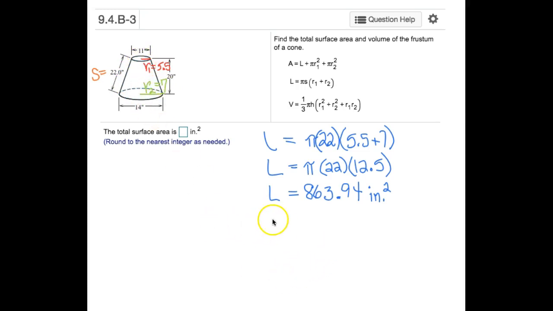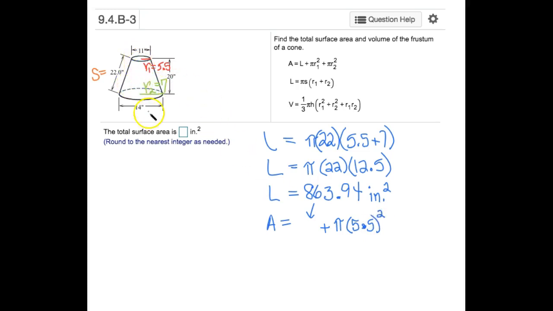Now we're going to be able to use this to find the area. So notice we need that L. We're going to plug that in our formula. Then we're going to add in pi r squared, which is the area of the top circle. So that's why it helps to understand that the L is just the area around the cone part.